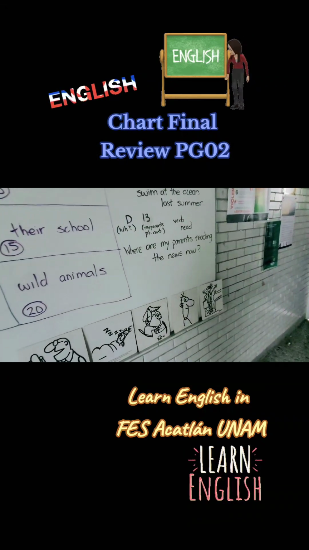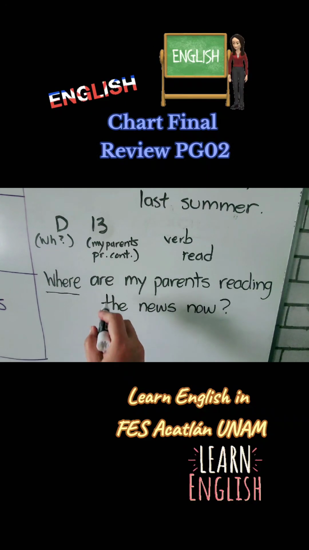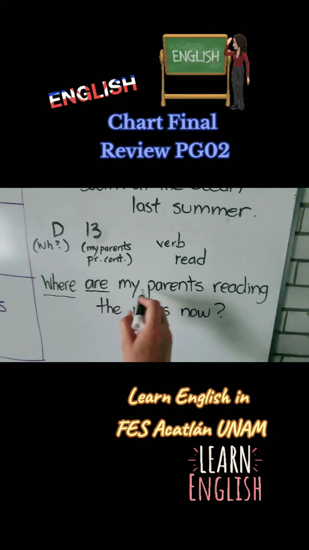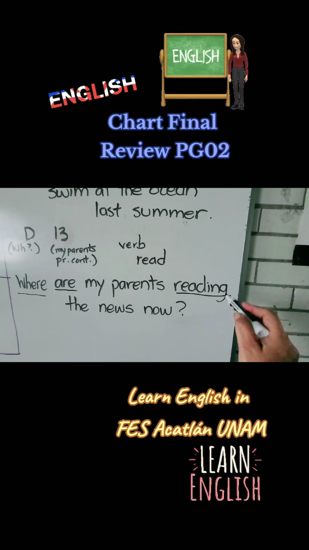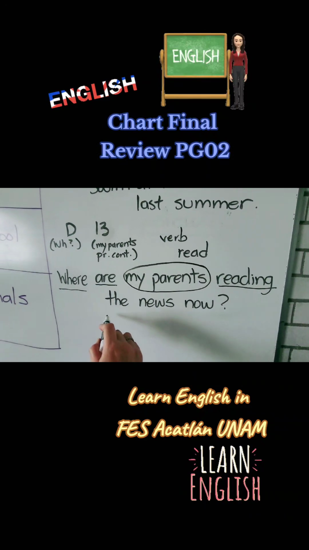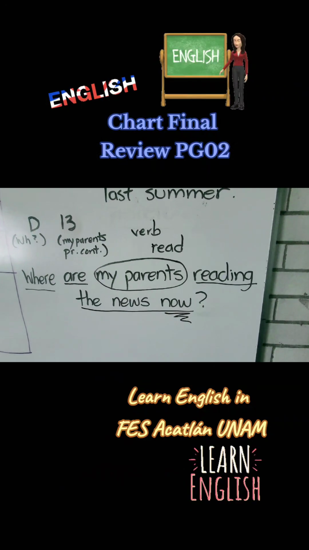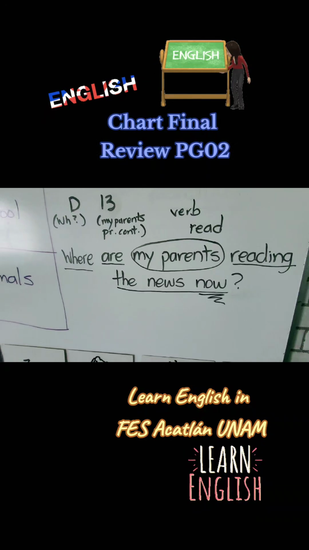Okay, so we have WH question, where? Then we have present continuous are reading, ing, the subject, my parents, and the complement over here, the news now. Where are my parents reading the news now?